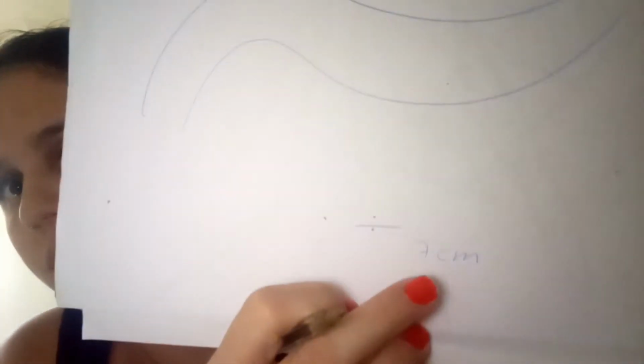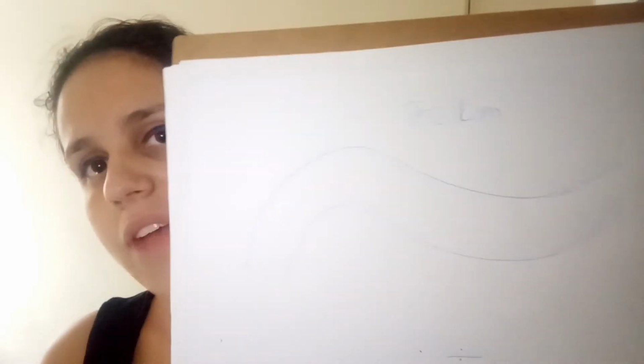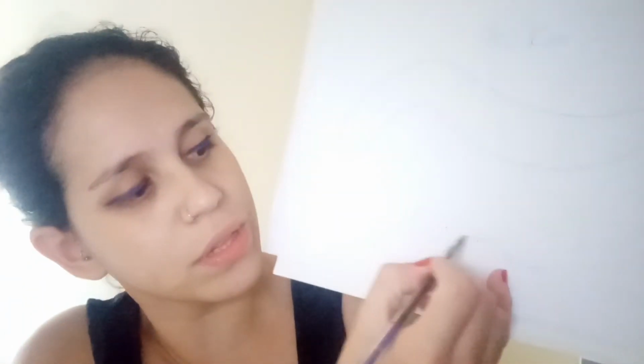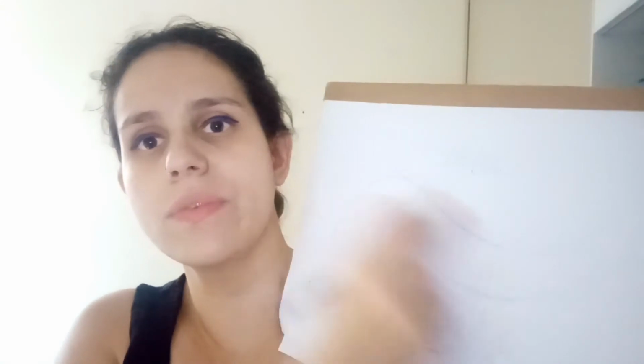And I know that these 7 centimeters will represent these 70 kilometers, you know? So when I walk these 7 centimeters, in reality I need to travel 70 kilometers. So that's the scale. It's the size that everything is being drawn.